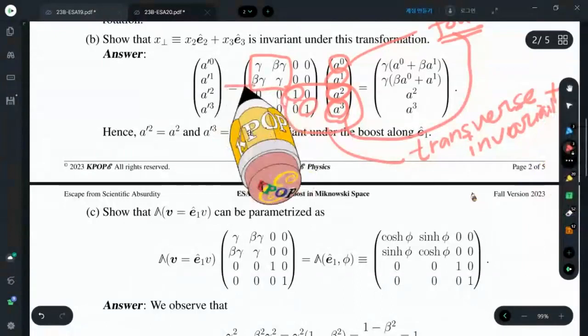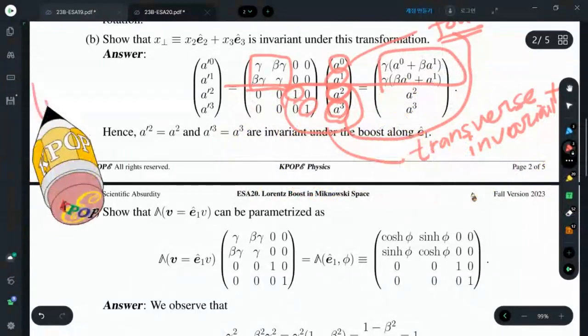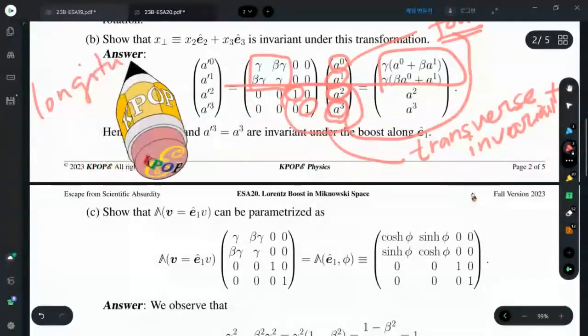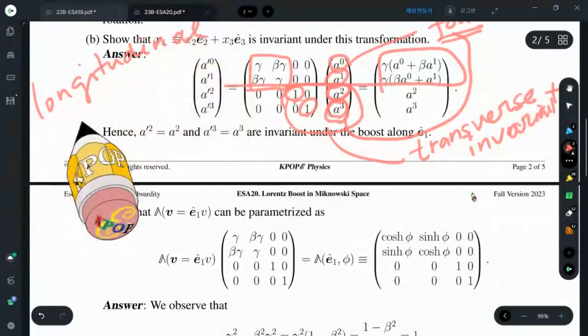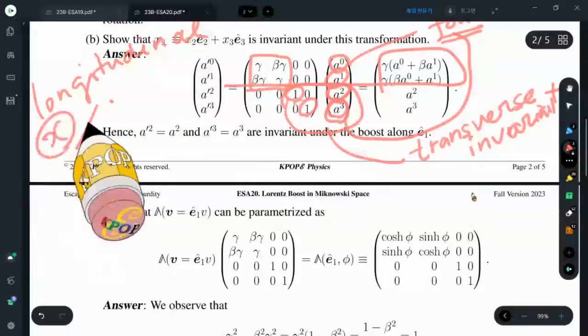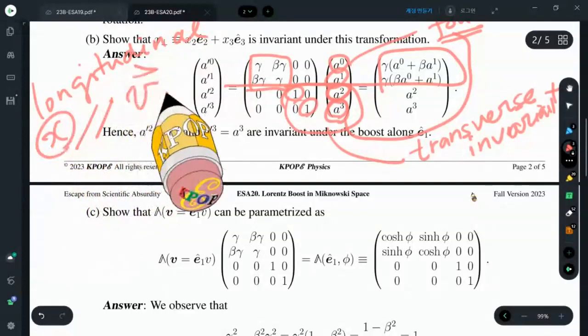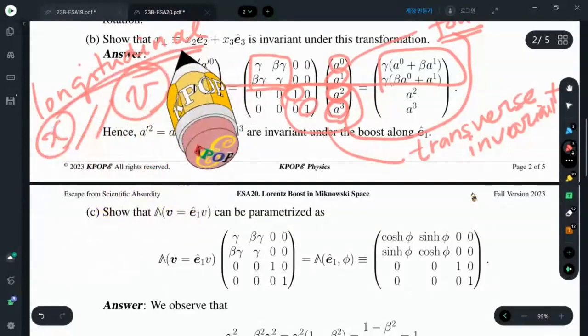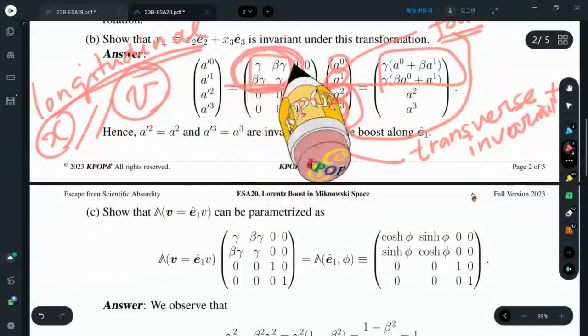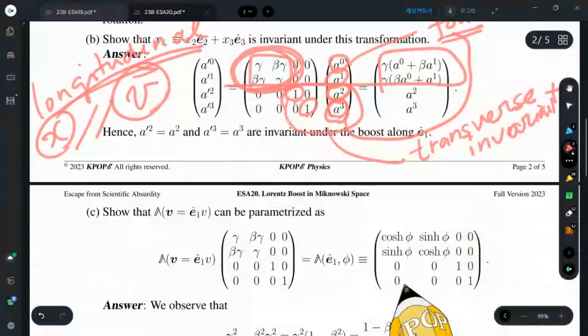Only the longitudinal direction, that is the x direction, is parallel to the velocity. So we say it is longitudinal. Only the longitudinal and time interfere together.